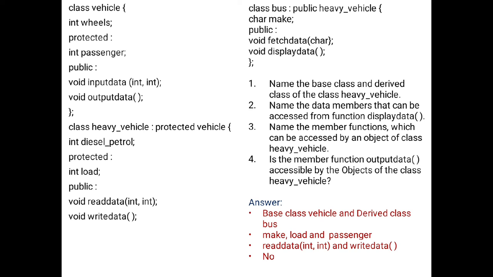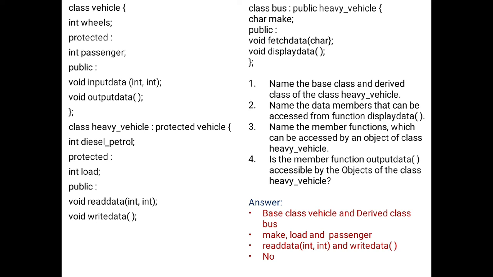You can see that the class vehicle is the base class, the class heavy vehicle is the intermediate base class, and the class bus is the derived class. So you have two derived classes, that is class bus and class heavy vehicle.